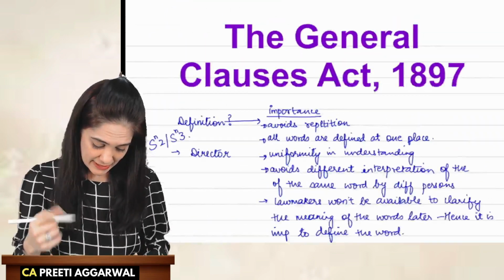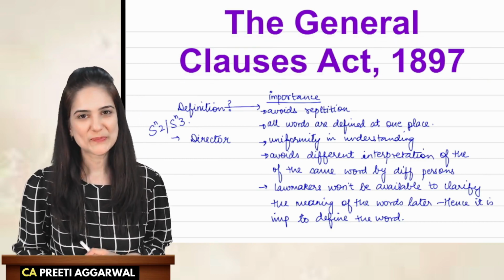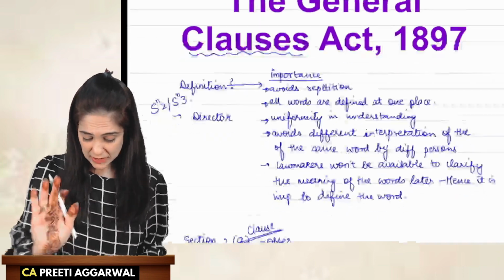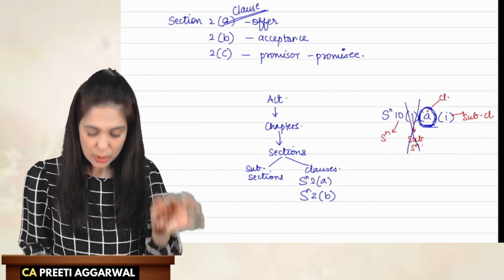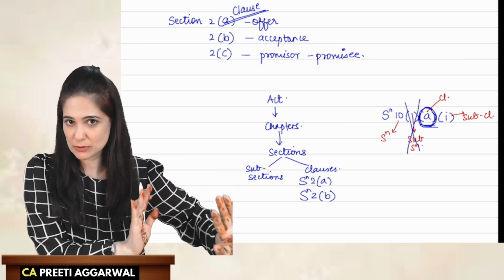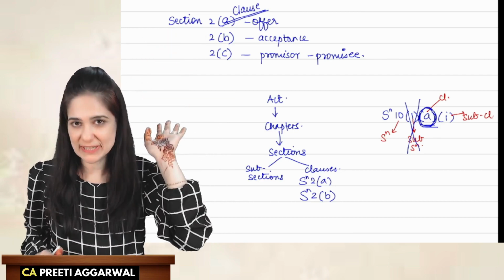Now, connect all this knowledge to the chapter heading now. What is the meaning of clause? See, please note, students, a clause may be present in sections other than definitions also. I have clauses in other sections also, they are not definitional sections.